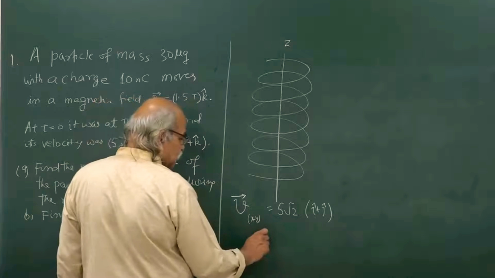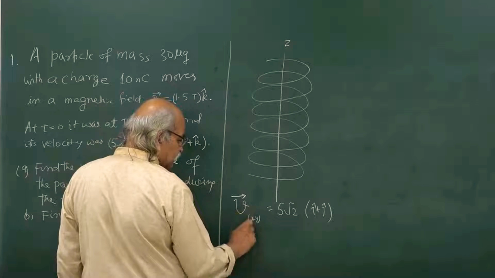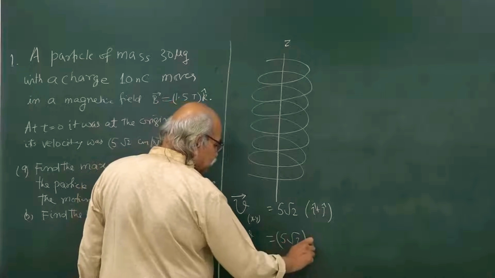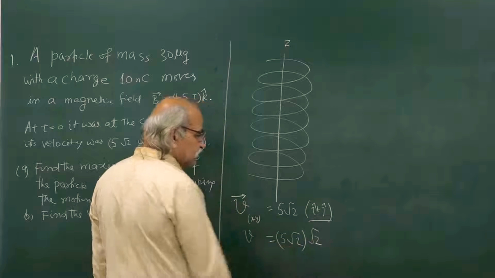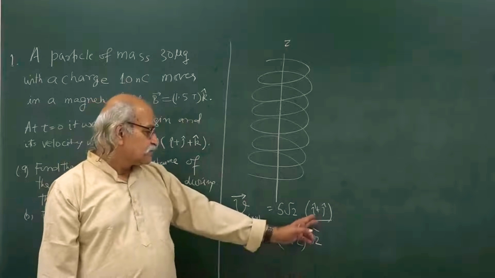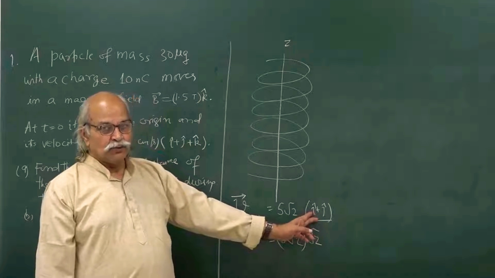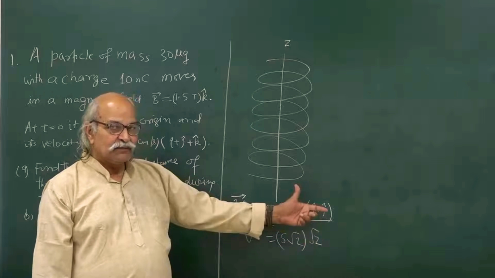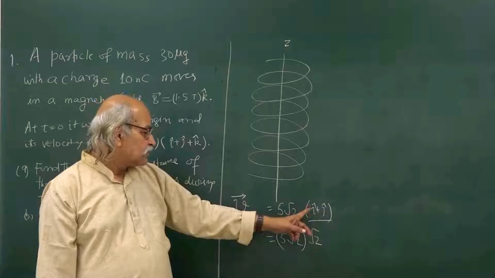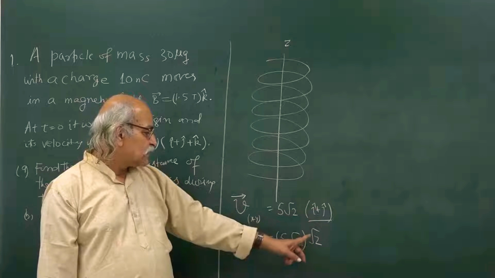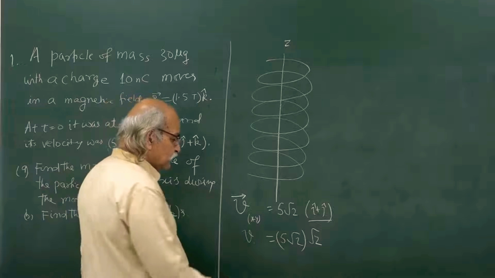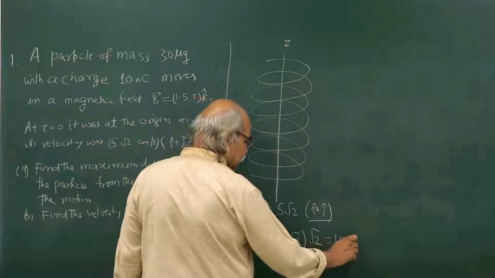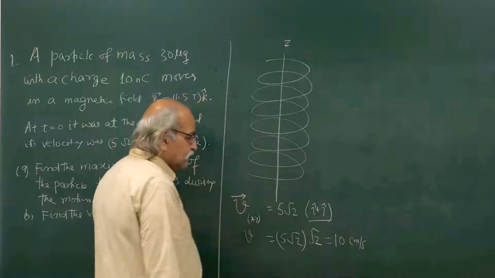The magnitude of this velocity will be 5 root 2 times root 2, because the vector i cap plus j cap has magnitude root 2: the x component is 1, the y component is 1, so the magnitude is square root of 1 square plus 1 square. This is 10 centimeter per second, all lengths in centimeter and time in second.